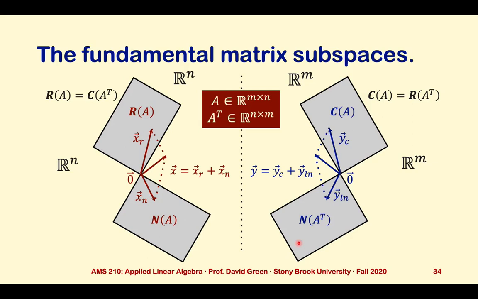Okay. We've also discussed now not only what these are, we have the tools in place to find the dimensions of the row space, the null space, the column space, the left null space, and the dimensions and bases for them. All right.